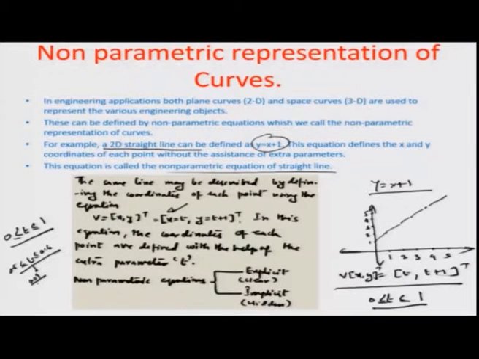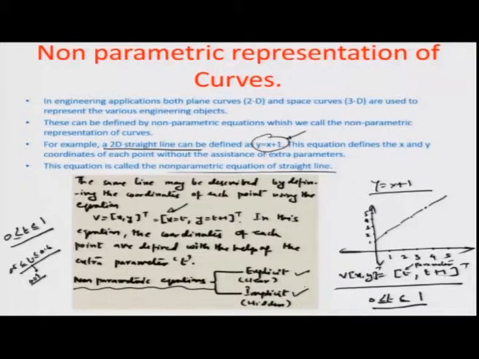So, we can actually do a local plotting using this fundamental global equation between y and x. Such representations which involve the parameter t are known as the parametric representation. The non-parametric equations can again be represented as explicit and implicit or hidden equations.